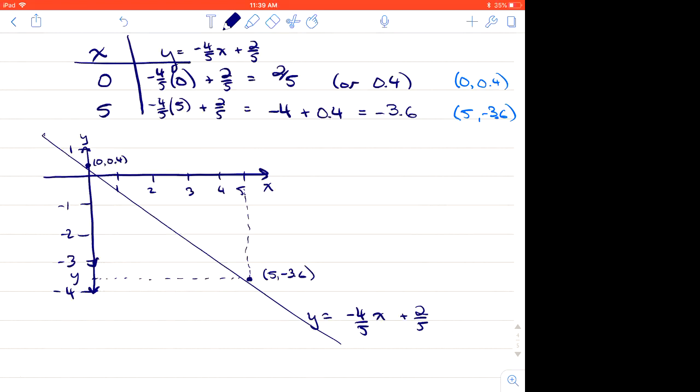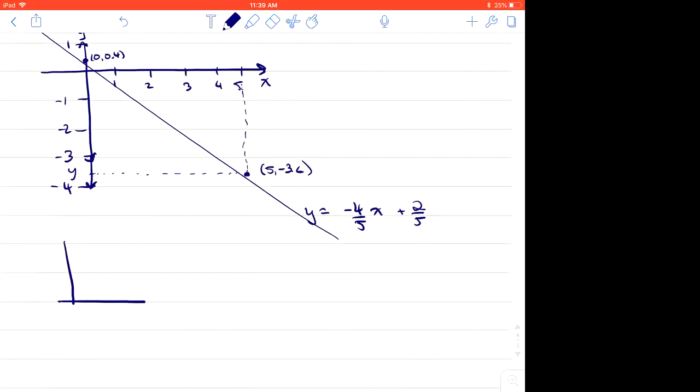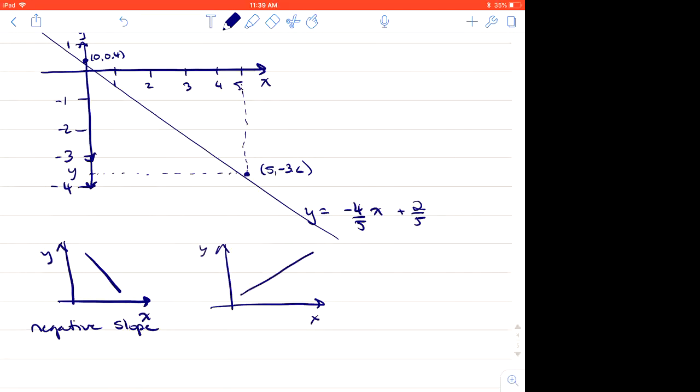Just as a general note, if you have something like this, this is a negative slope. And if you have something like this, you have a positive slope.